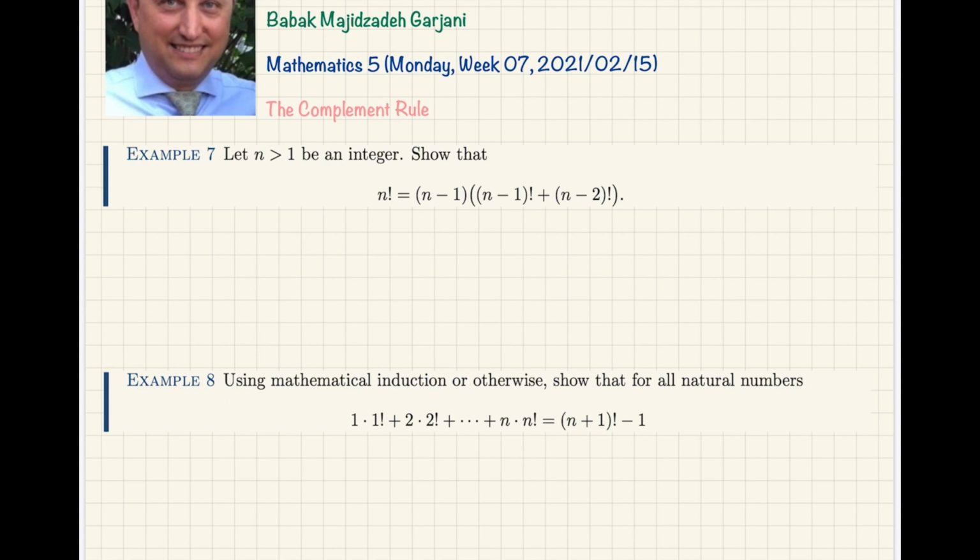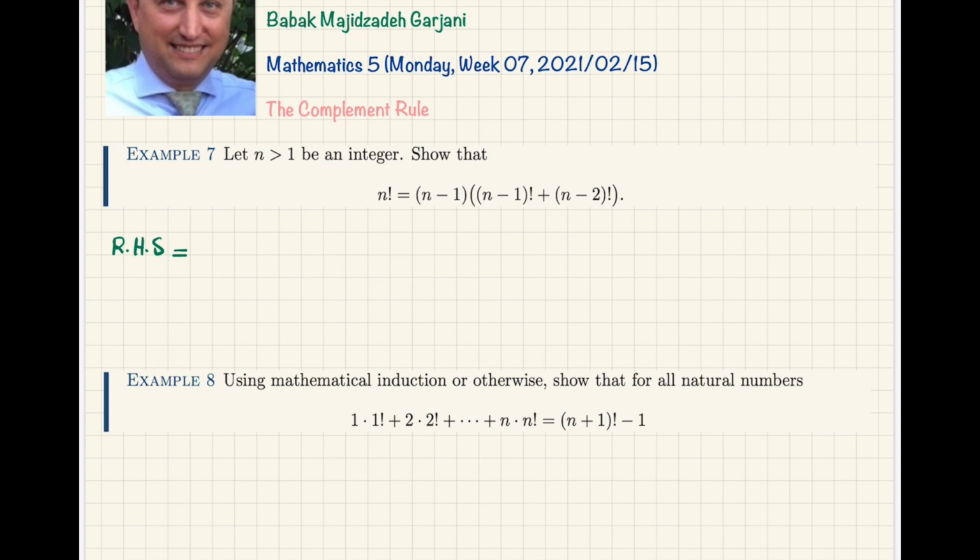So this is an identity I want to show. Let us start from the right hand side, because it's more involved. So the right hand side is equal to... let us see what we can do.